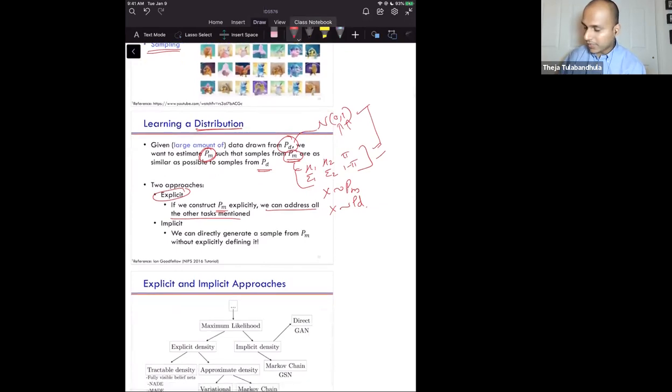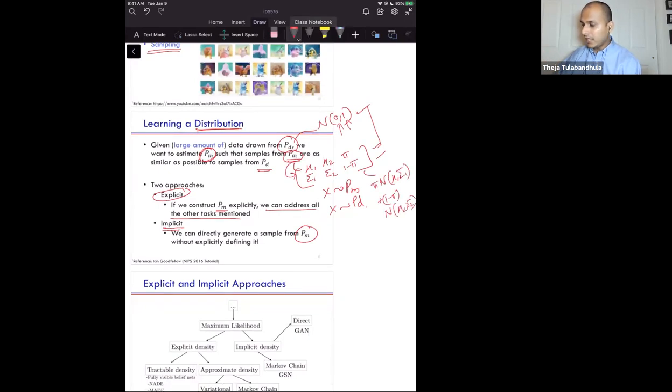Now there's another approach to get to PM, where you somehow create an object, like a function. If it's a mixture of Gaussians, you know exactly the expression, right? It's pi times normal(mu1, sigma 1) plus 1 minus pi times normal(mu2, sigma 2).